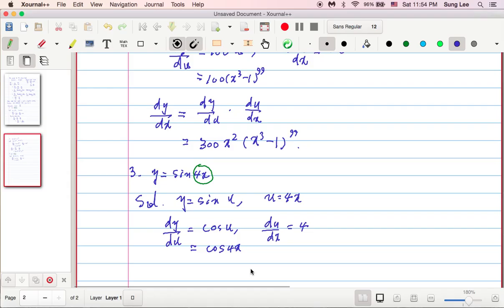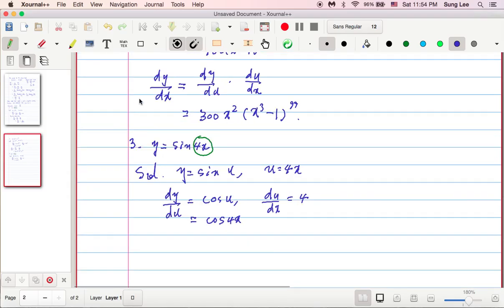Okay? So now dy by dx, by the chain rule, is dy by du times du by dx, which is going to be 4 times cosine of 4x. Okay, that's the derivative.